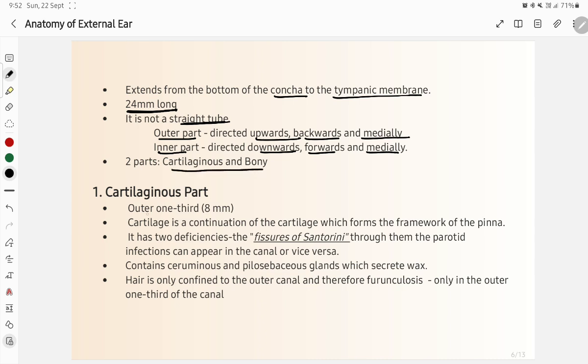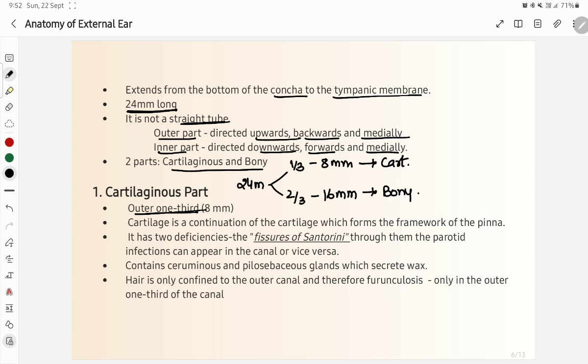The cartilaginous part forms the outer 1/3. Since the whole EAC is 24 mm long, its 1/3 will be 8 mm and its 2/3 will be 16 mm. So 8 mm is our cartilaginous canal and 16 mm is our bony canal.